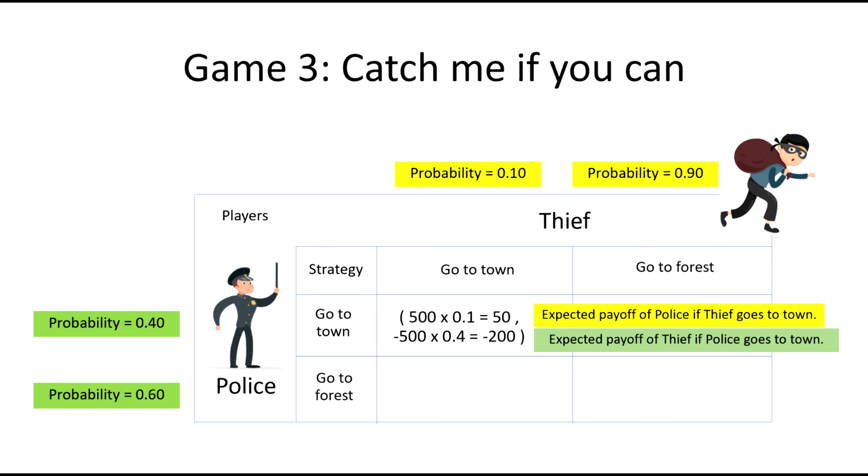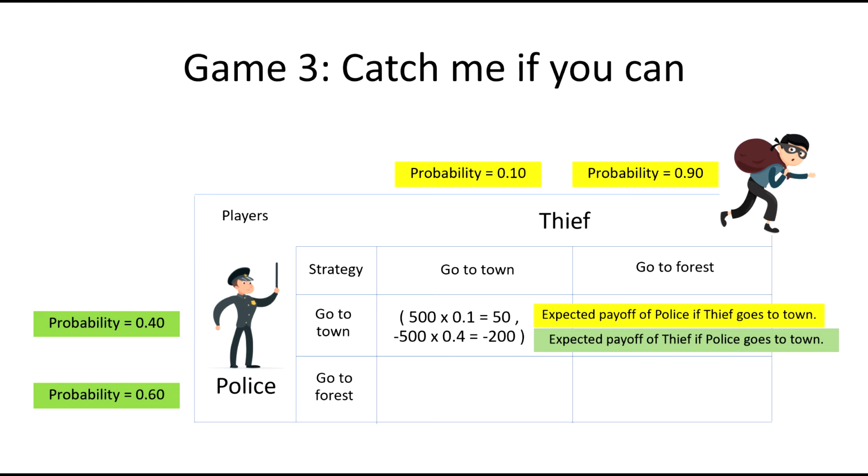Now we calculate the expected payoffs of the police and the thieves. Here we see that the expected payoff of the police if the thief goes to town, depending on the property of the thief, is 500 if he can catch the thief times 0.1, which is the probability of the thief going to town, so it is 50.